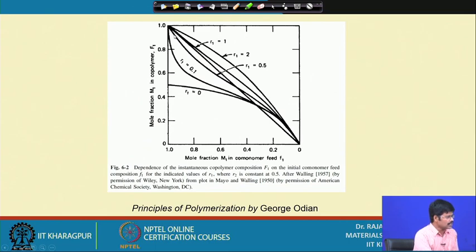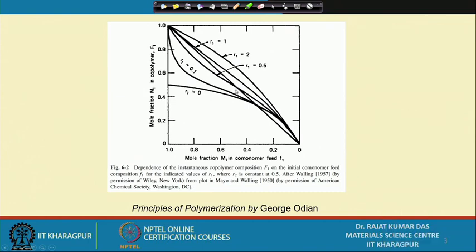So, in a real situation, if r1 is 0.5 and the curve crosses the capital F1 equals small f1 line, then at this point the copolymer composition and the comonomer feed composition are the same.